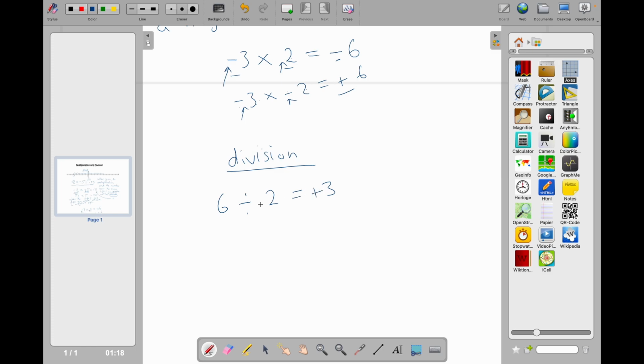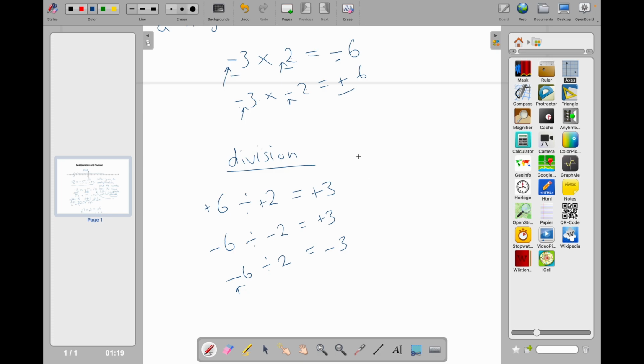And remember, this is plus, and this is plus. When we have -6 divided by -2, our answer will be 3, which is plus. And then when we have -6 divided by 2, our answer will take the negative sign, and it will be 3. So the same rules we use in multiplication also apply when we do division.